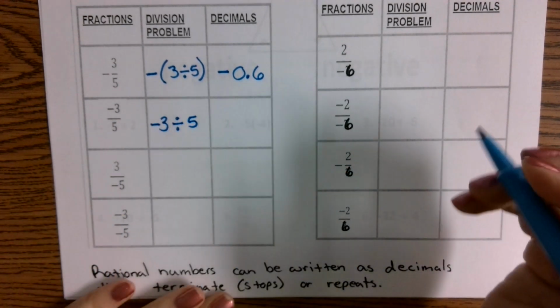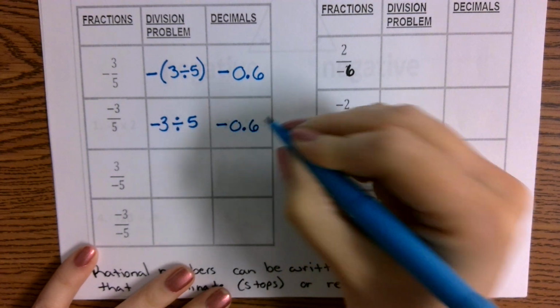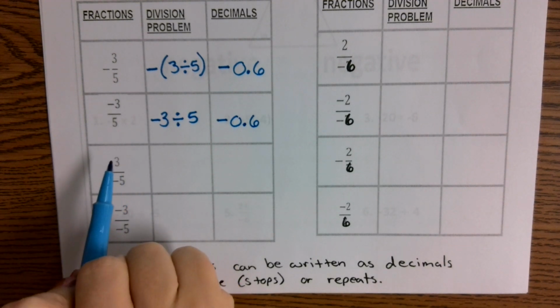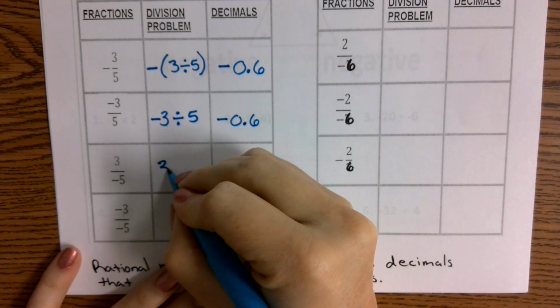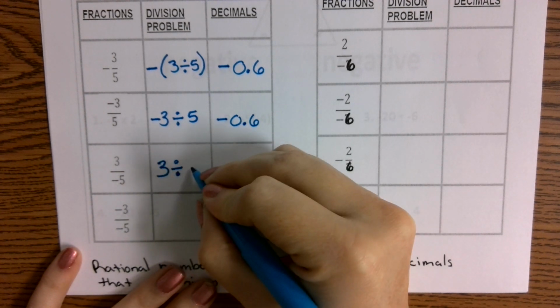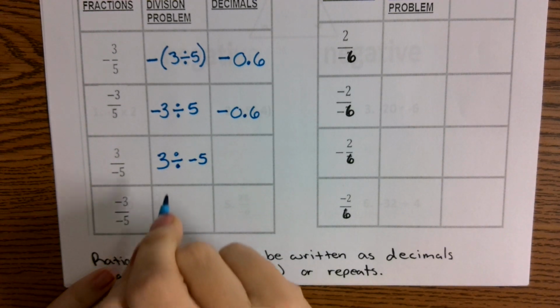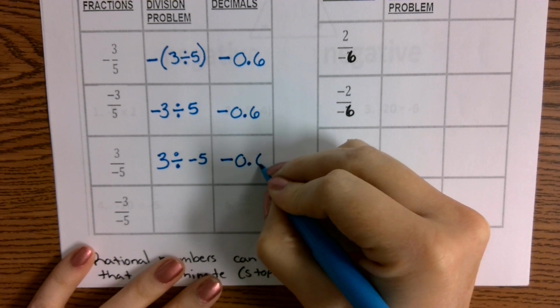-3 divided by 5 means it's going to come out to -0.6. For our third fraction, we've got 3 on the top and -5 on the bottom. So I'm going to do 3 divided by -5, which also comes out to -0.6.